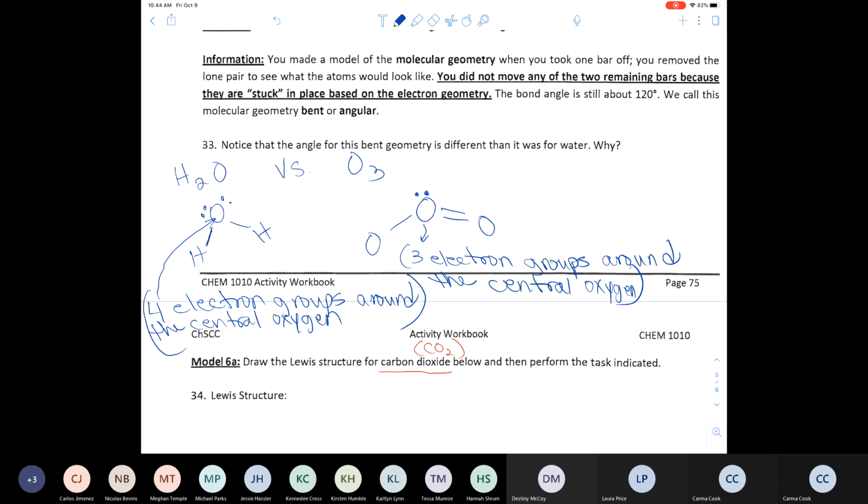You got 2 bonding groups and 2 non-bonding groups, giving you a total of 4.